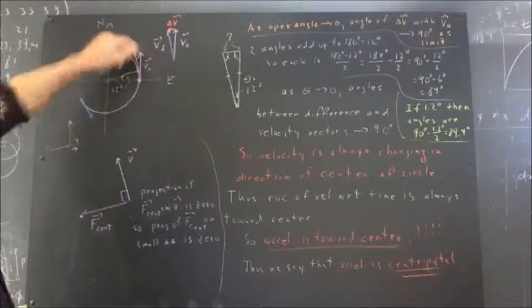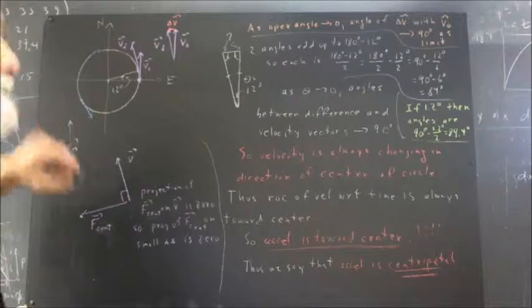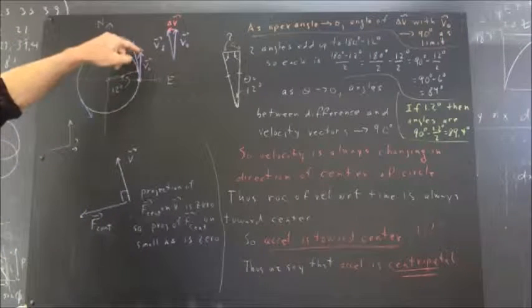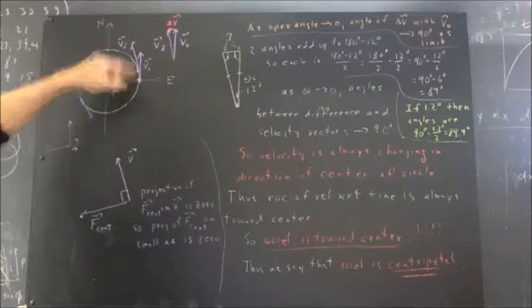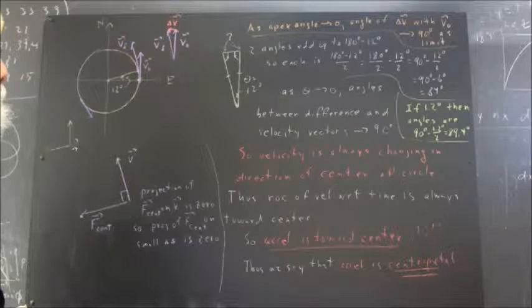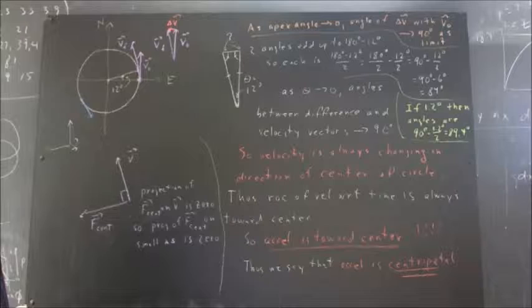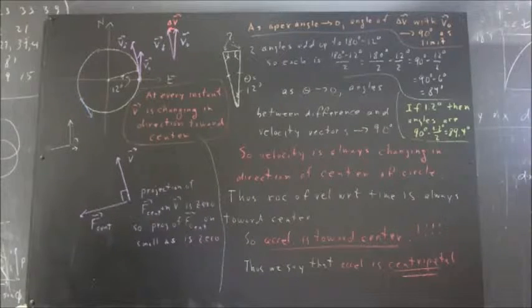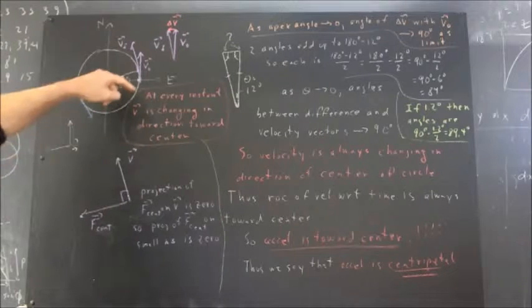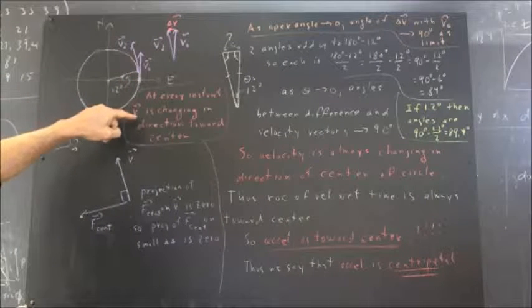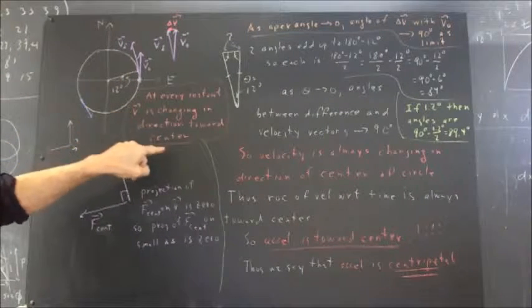Now, v naught is tangent to the circle, so that delta v is what? It's toward the center, because the tangent is perpendicular to the radial line toward the center. Now, I haven't written every detail of the argument, but I've written the conclusion: at every instant the velocity is changing in the direction toward the center.